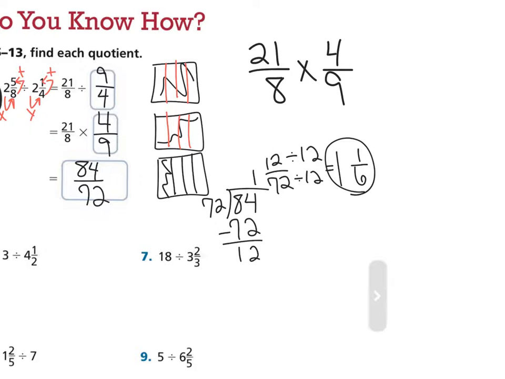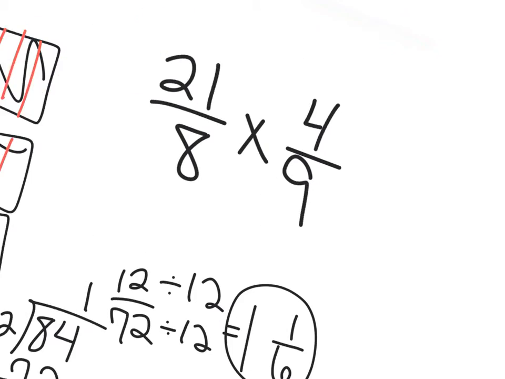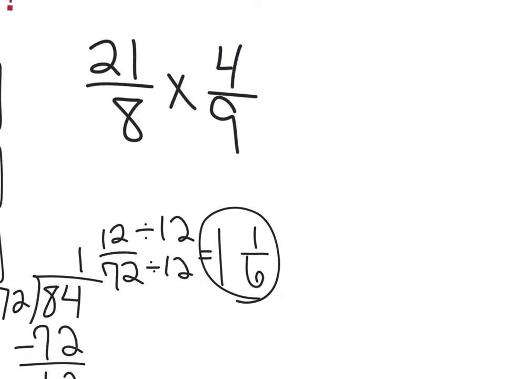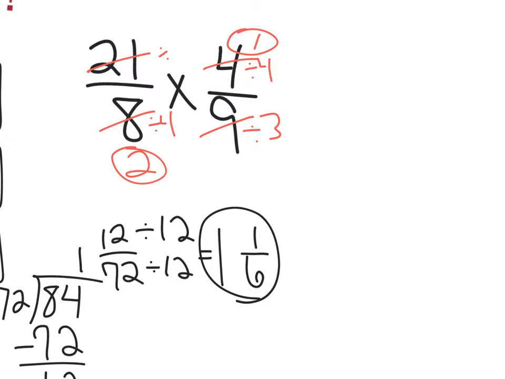So if you tried to reduce these ahead of time, one thing you might notice is the 4 and the 8 can both be reduced by 4, which is 1 and 2. And then the 9 and the 21 can both be reduced by 3, which would be 3 and 7.